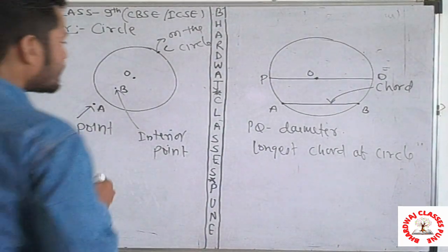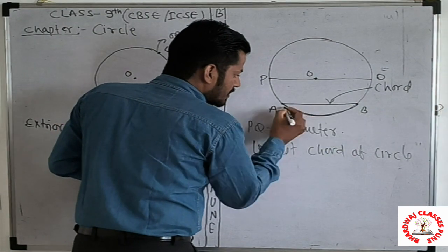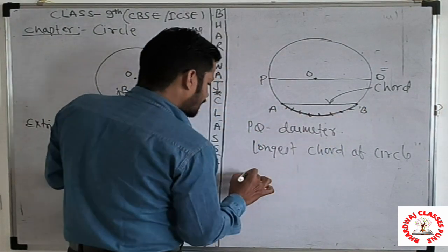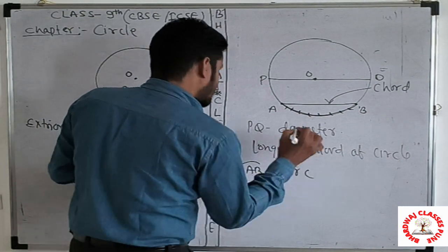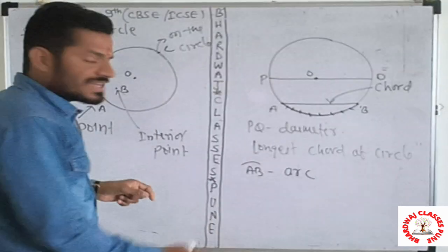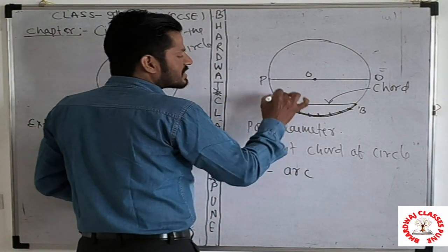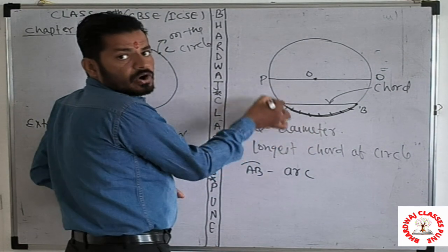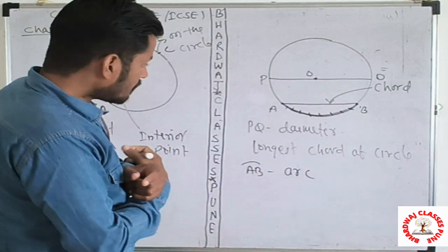Now see, this AB is called an arc. You know that the complete one revolution or circumference of the circle is called an arc.